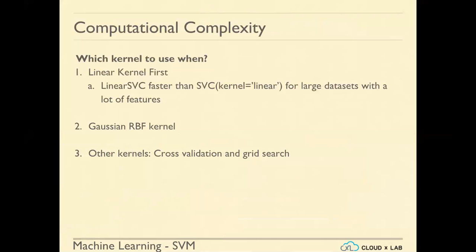So these are the few things we did today. First, we did the first kernel trick with polynomial features. And then we did the Gaussian RBF kernel. And there are many other kernels as well. And you should always do the cross validation and do the grid search.